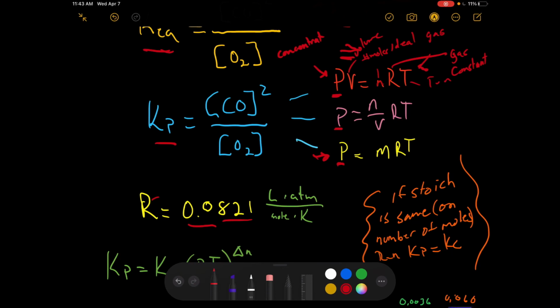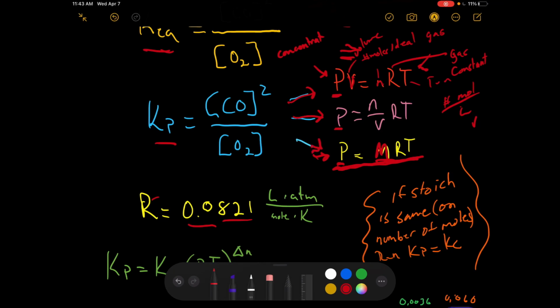Well, number of moles over liters, and liters is a measure of volume. So this is your equation when you're trying to figure out the pressure at equilibrium: P equals M, molarity, capital M, R, T, and you just plug your numbers in and chug your equation out.